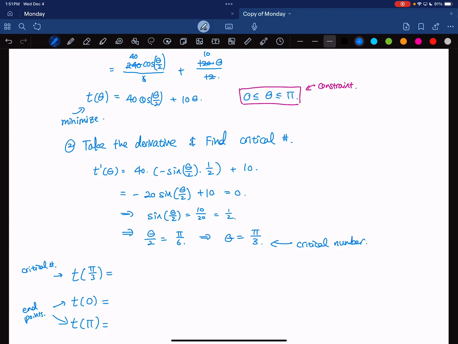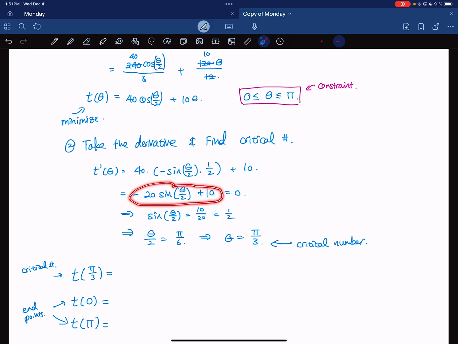Okay, let's do this together. So I had this expression here, and I took the derivative. I take the derivative as 40 times minus sine theta over 2 times a half, plus 10. I simplified this a little bit. It becomes minus 20 sine theta over 2 plus 10. So that's the expression for the derivative.